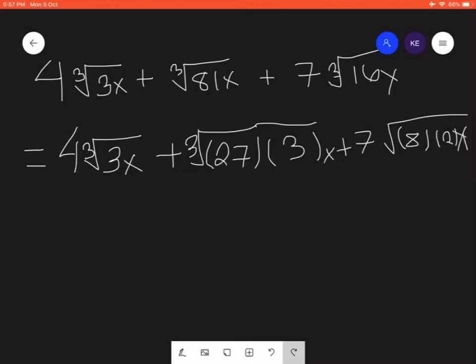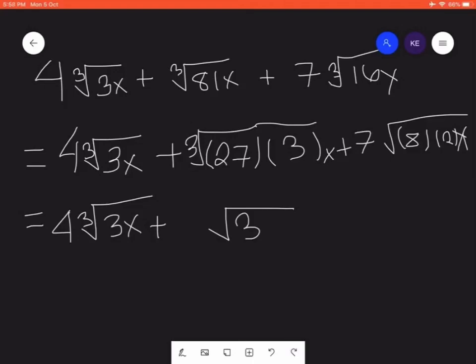Okay, let's proceed. Now, the same process follows. Get the cube root of 27, which is 3. Then put it outside of the radical symbol. Then leave 3x behind.